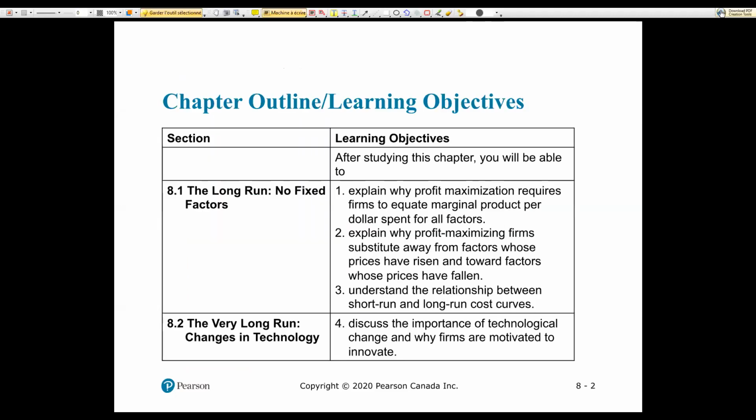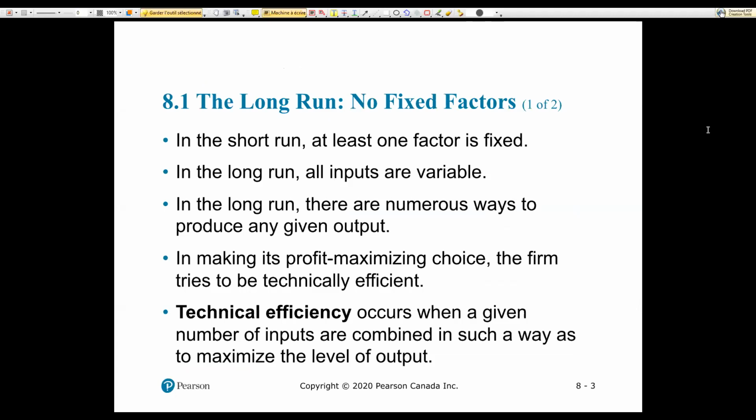So what we're going to see here is how we decide how to minimize costs, based on how much I plan on producing, and how I choose between substitutes like capital and labor, for instance. So what's going on there?